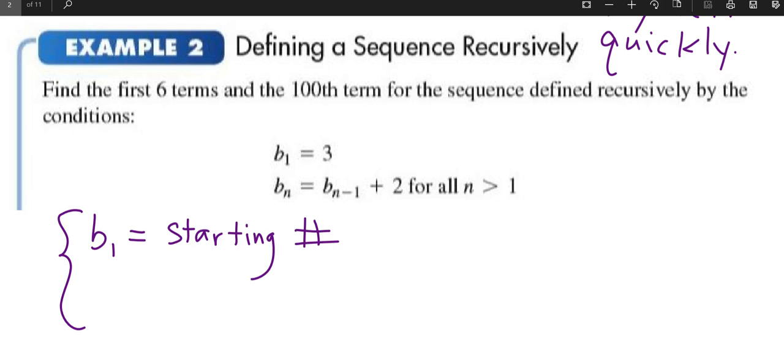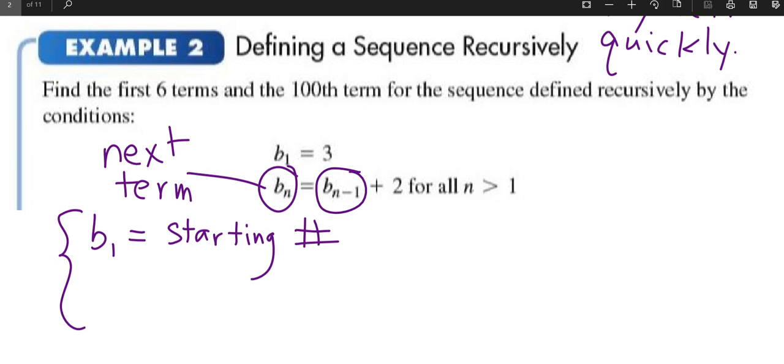Now let's look at this notation that you see here, b sub n. What is that? Some term. We'll call it the next term. Where is b sub n minus 1?